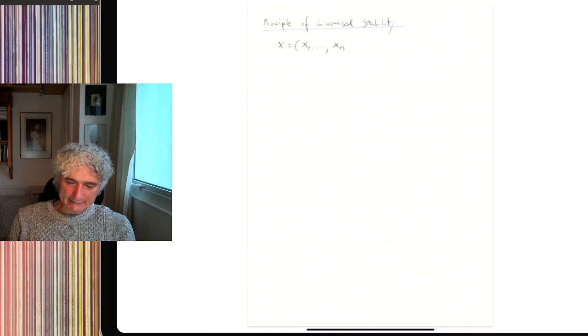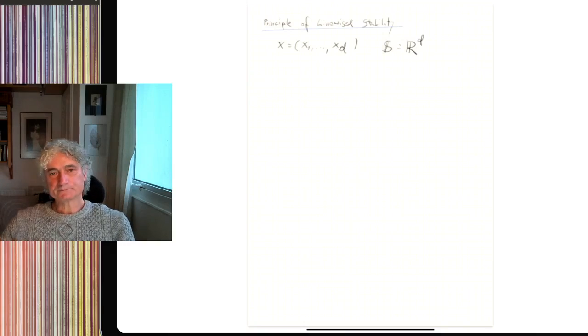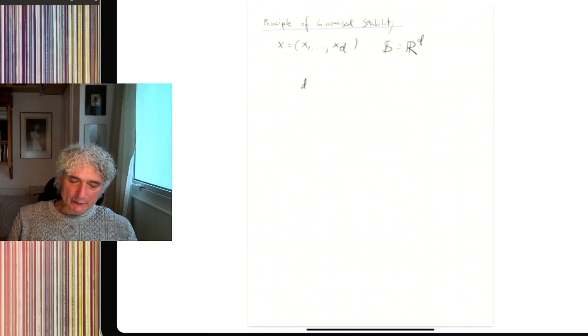The state space S in this case is given by R to the power d, d-dimensional real space. And we have a system of first order ODEs, so dxi/dt is given by fi of x, and we also have an initial condition, xi of 0 is given by xi 0. So this is an initial value problem.